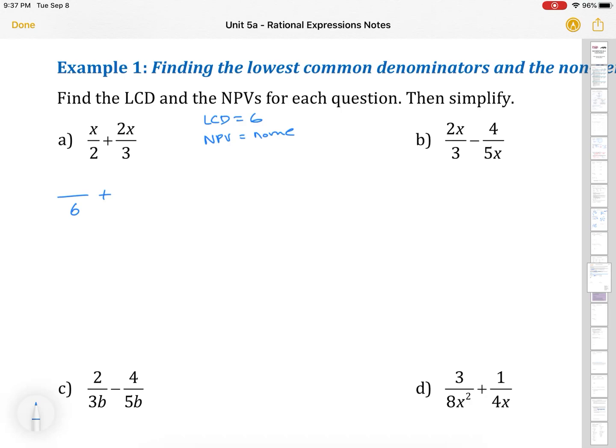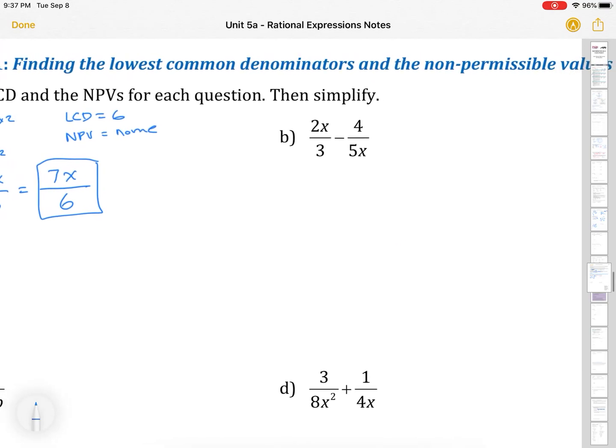So we want to write this over 6, so we have to say, what did we multiply by? Here I multiplied this 2 by 3, so I multiply the x by 3, so I get 3x. Here I multiplied the 3 by 2, so I multiply 2x by 2, so I get 4x. And now I can add. I have 3x plus 4x, so I get 7x. Okay, and there are no restrictions, so that is my answer.